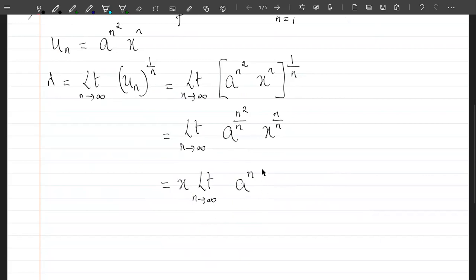So the value of this limit has to be equal to 0. So you get x into 0, which is equal to 0. Now since the value of lambda is equal to 0, which is less than 1, you can say that the series summation un converges.